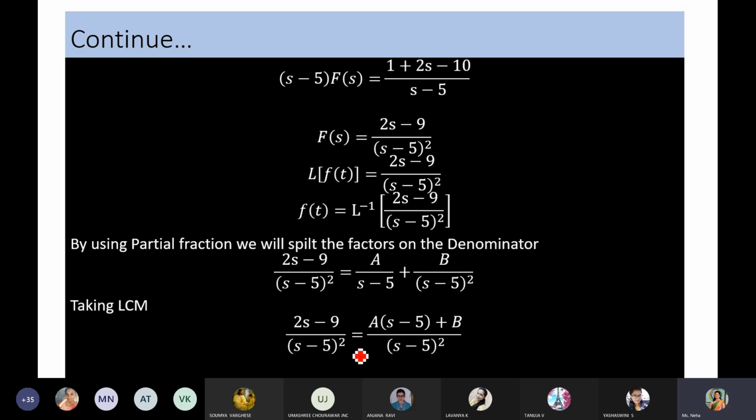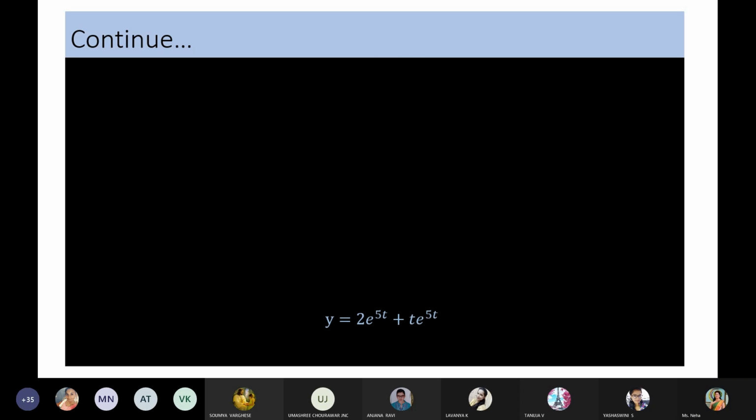Your LCM will be a into s minus 5 plus b divided by s minus 5 whole square. Since denominator and denominator will get cancelled out, only numerator we have to compare. So we have 2s minus 9 divided by s minus 5 whole square is equal to a into s minus 5 plus b divided by s minus 5 whole square.